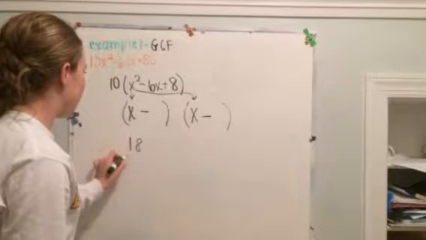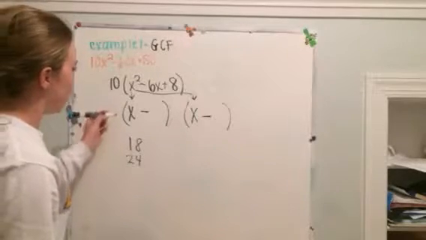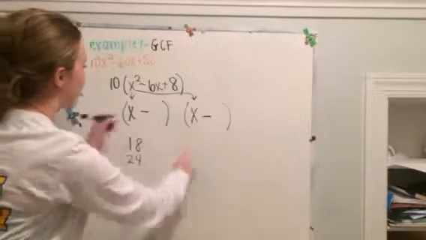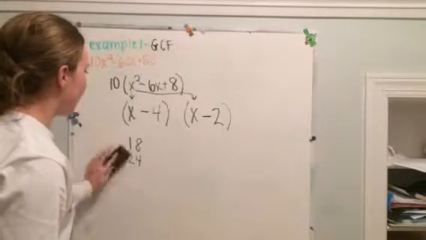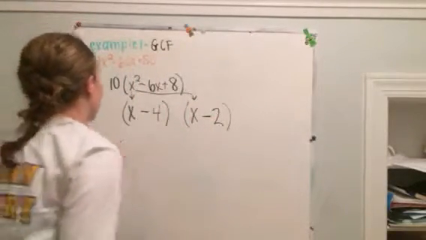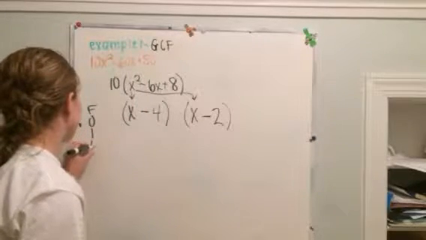And so we have to find the common numbers between 8 and 6. We have 1 and 8, 2 and 4, and 4 plus 2 is 6. Since they're both negatives, it doesn't matter, 4 and 2. And we're going to check ourselves. We're going to FOIL this, and FOIL is first, outside, inside, last.